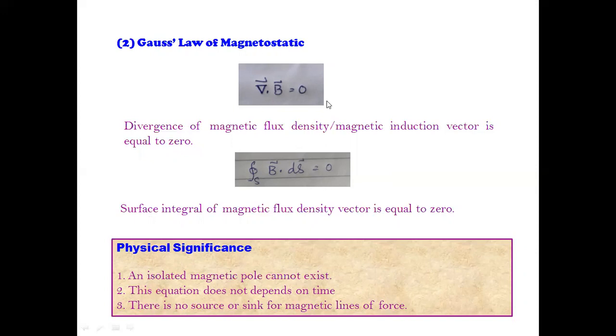What is the physical significance? Firstly, an isolated magnetic pole cannot exist. Secondly, this equation does not depend on time. Thirdly, there is no source or sink for magnetic lines of force. This is all about Gauss's law of magnetostatics, that means the second law.